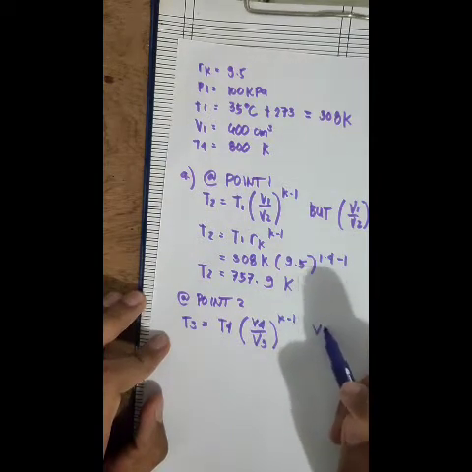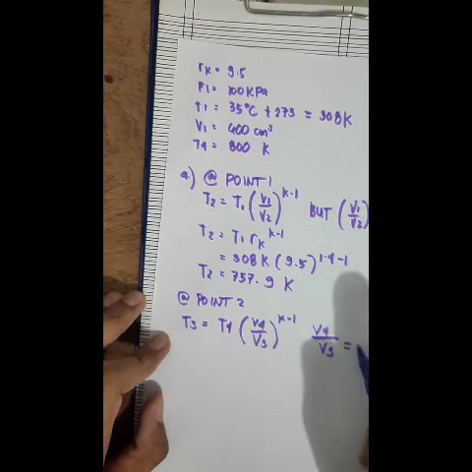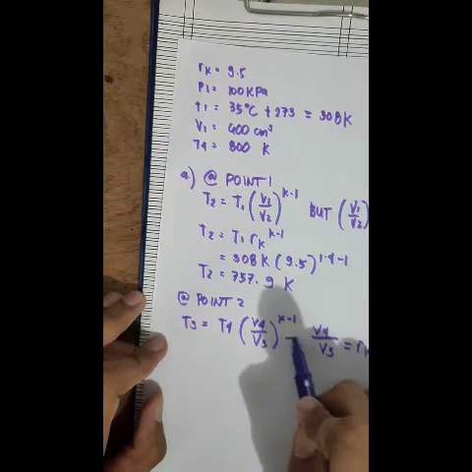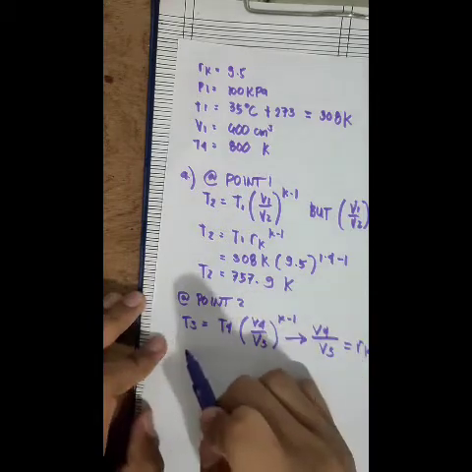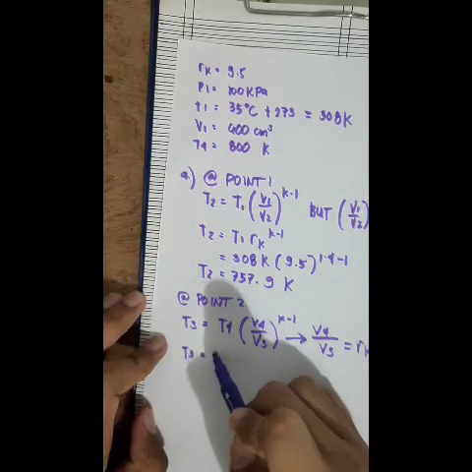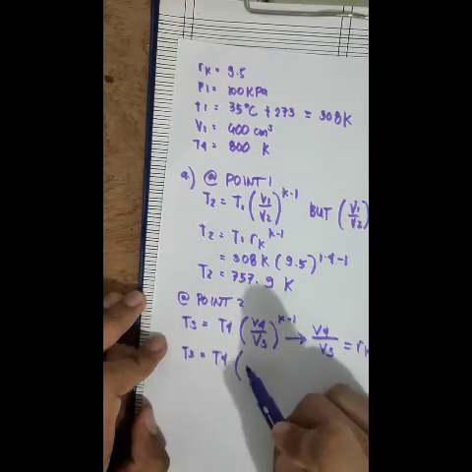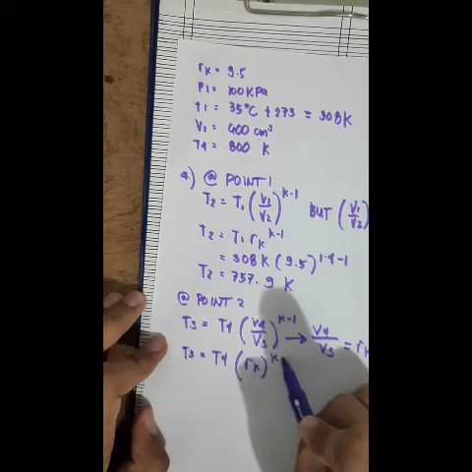So V4 over V3 is also equal to RK. So we will use this formula, T4 times RK raised to K minus 1.